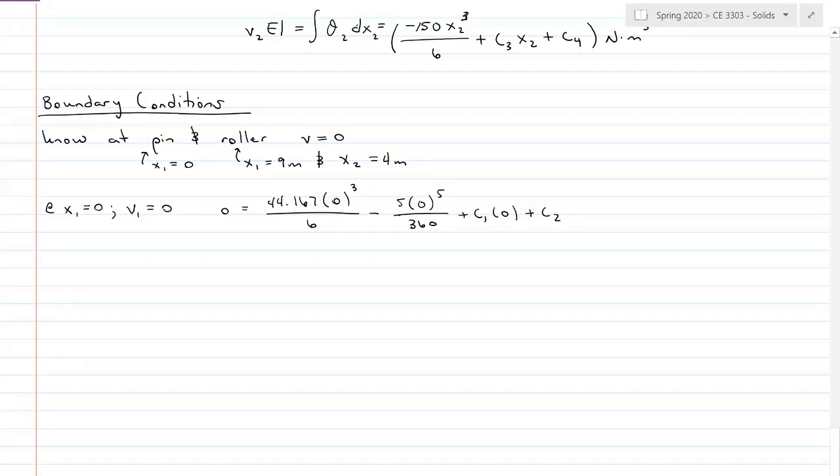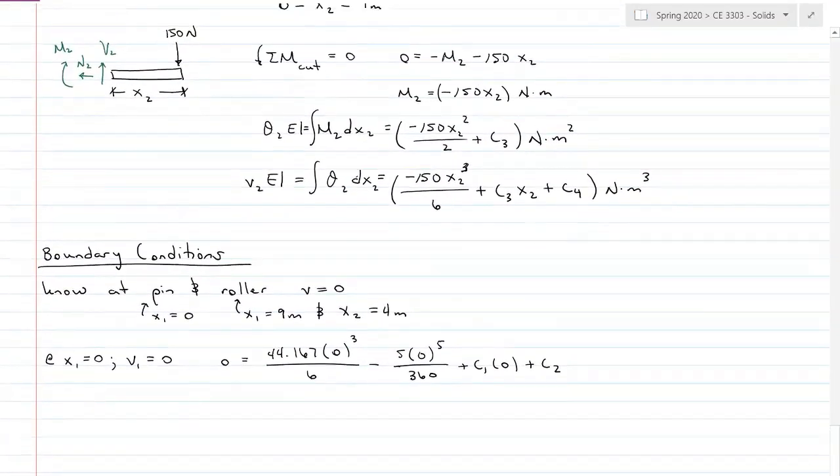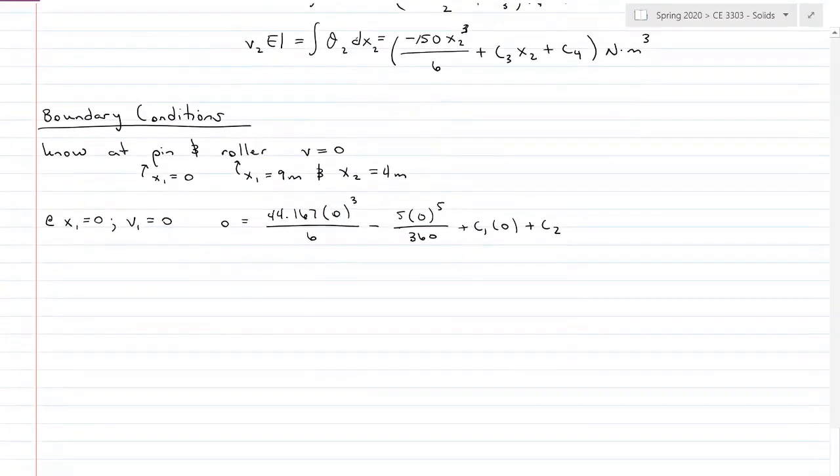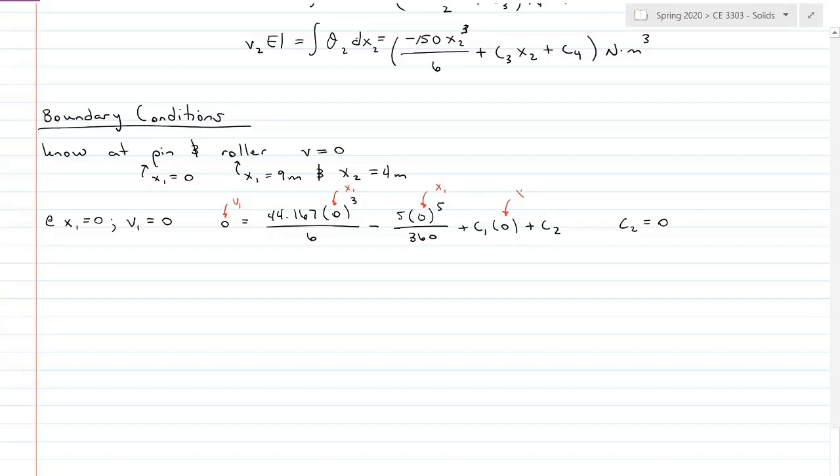I realize that all these things are 0, and when you multiply by 0, it goes to 0, but I'm writing it out so you can compare it to the equation that I have written up here and see where all my values are coming from. And we find that C2 is equal to 0. And by the way, this is V1, this is X1, this is X1, this is X1, right?